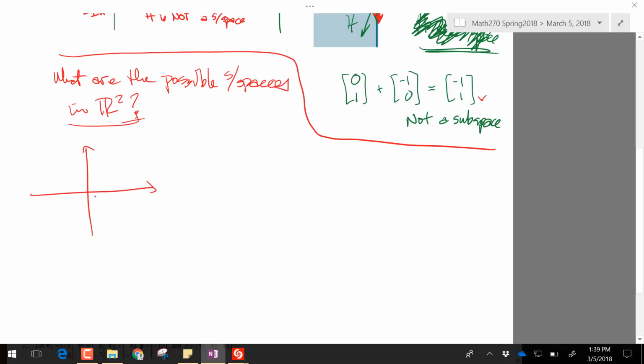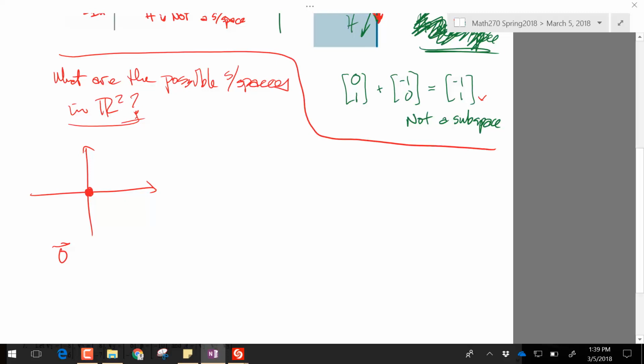So what are the possible subspaces in R2? What if we just had the zero vector? Right? So zero is in the zero vector. I mean, the zero vector is in the zero vector.